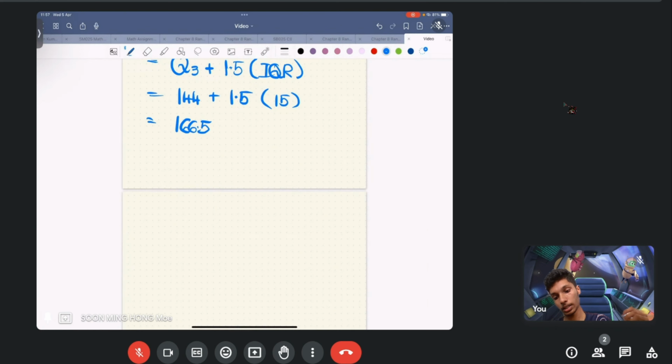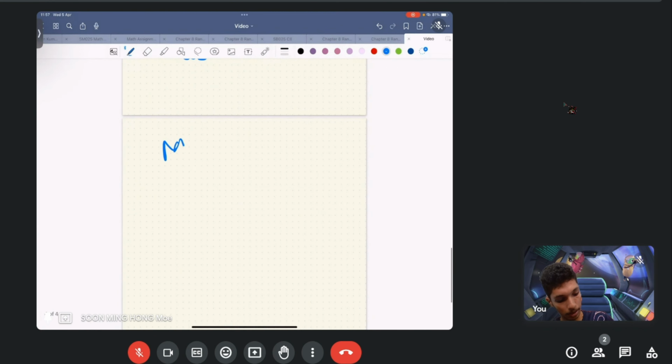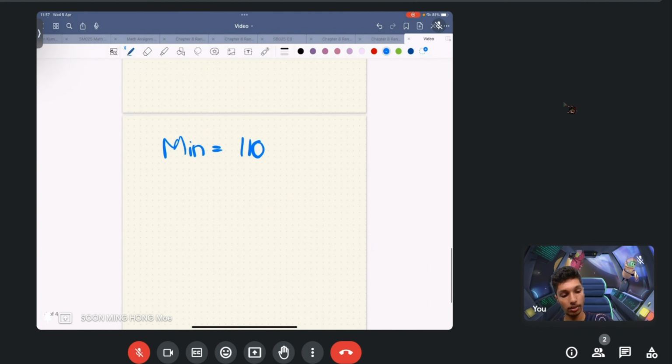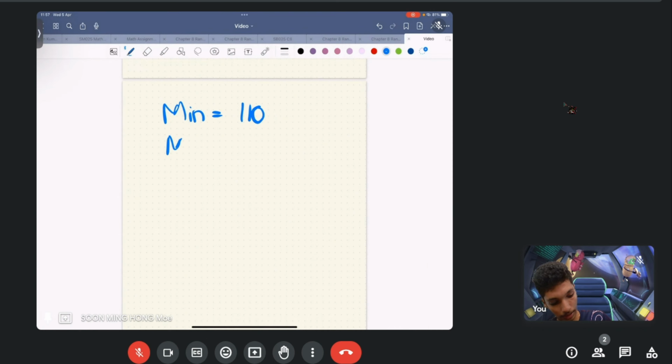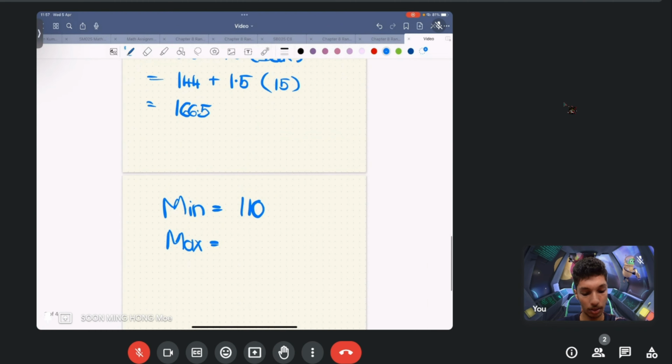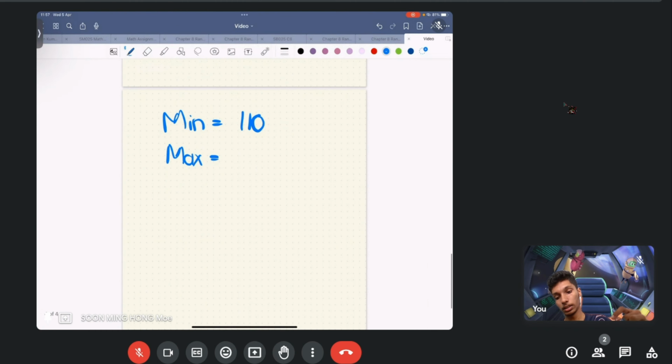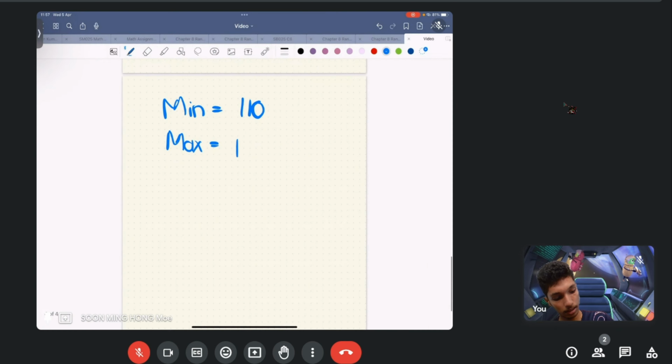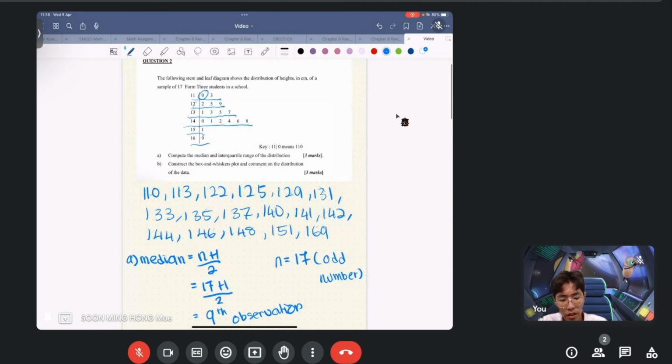So based on the data, our minimum value is 110 because it's still greater than 106.5. Your maximum value, on the other hand, cannot be 169 as it surpasses your upper fence. So the value next to that we can take is 151. That's the output.